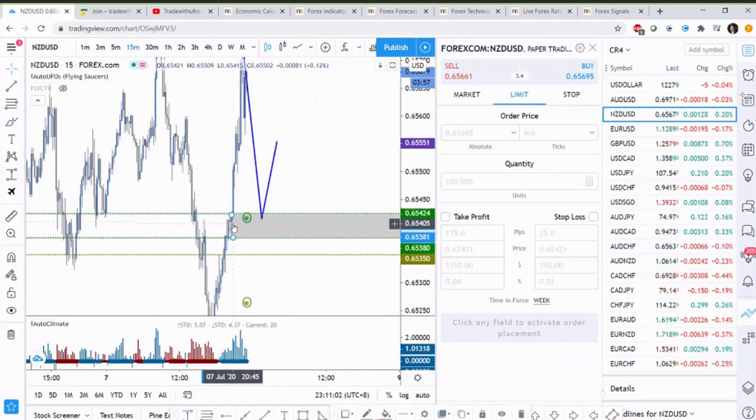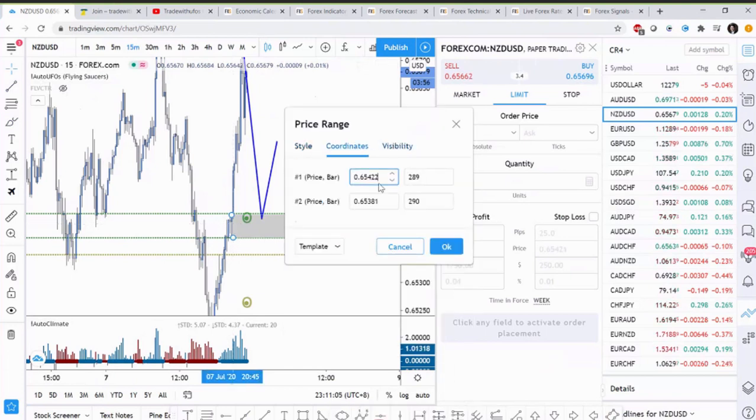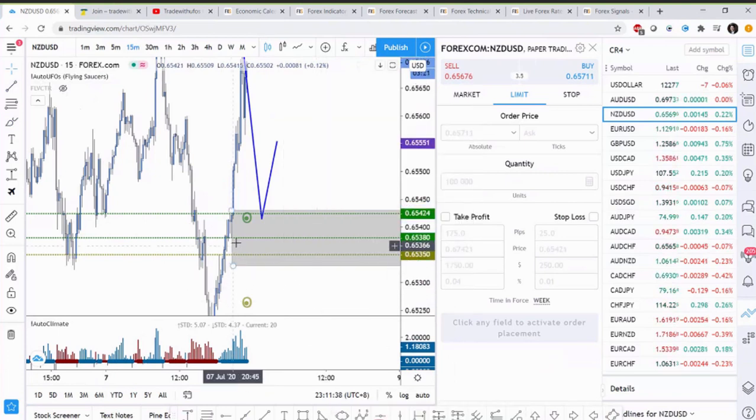So that range there, okay, let's call it 42, and let's call it 38, just to give some round numbers.